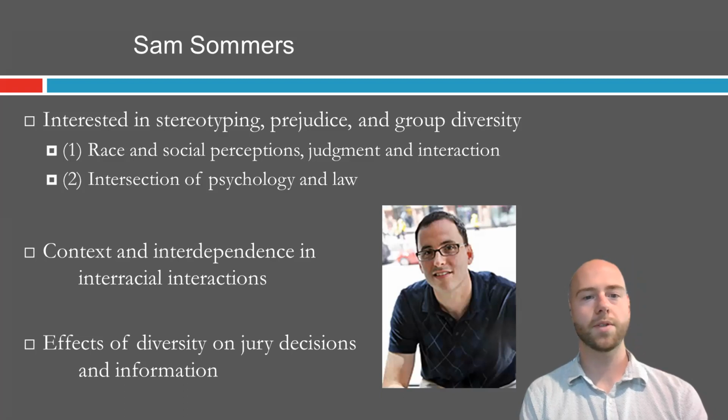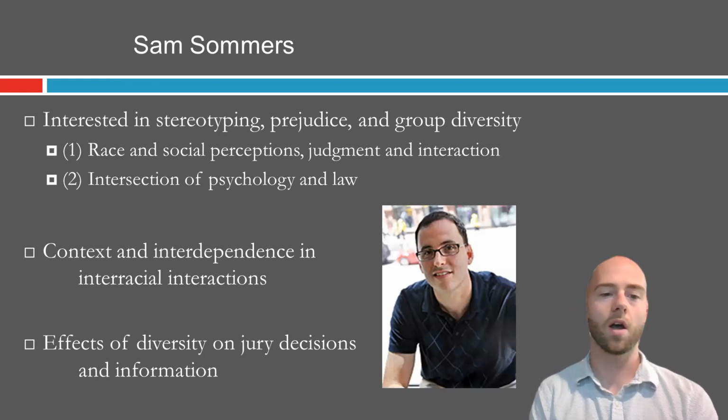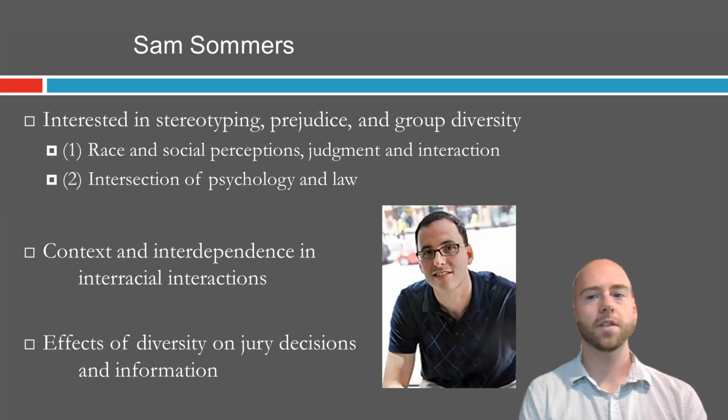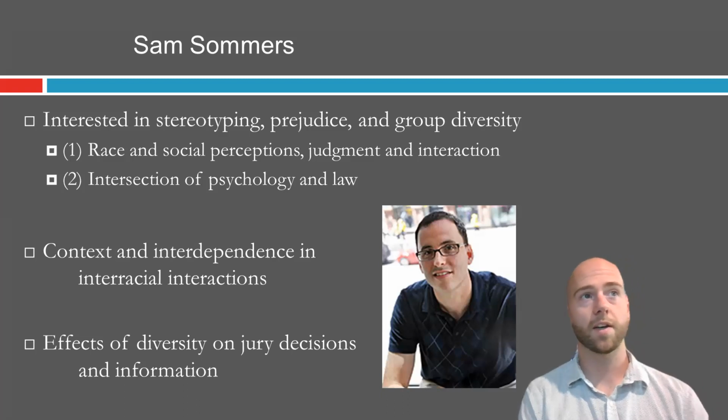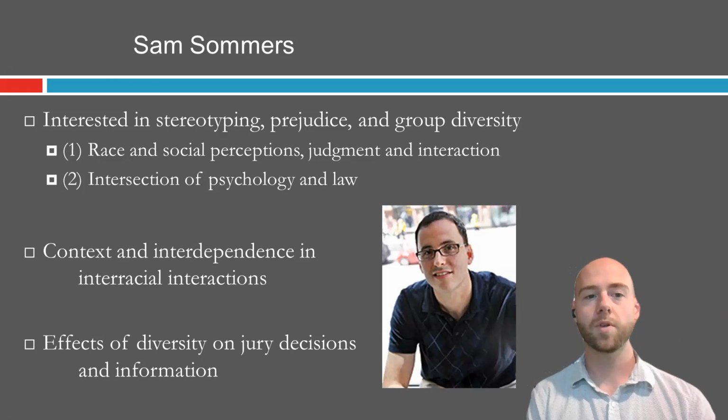The newest author on the team here, Sam Summers, is somebody who does a lot of work in stereotypes and prejudice and psych and law. He very recently was one of the talking head interview people they had on an episode of Last Week Tonight with John Oliver, talking about jury selection and racial discrimination that comes up in jury selection. So he's an expert in those areas.